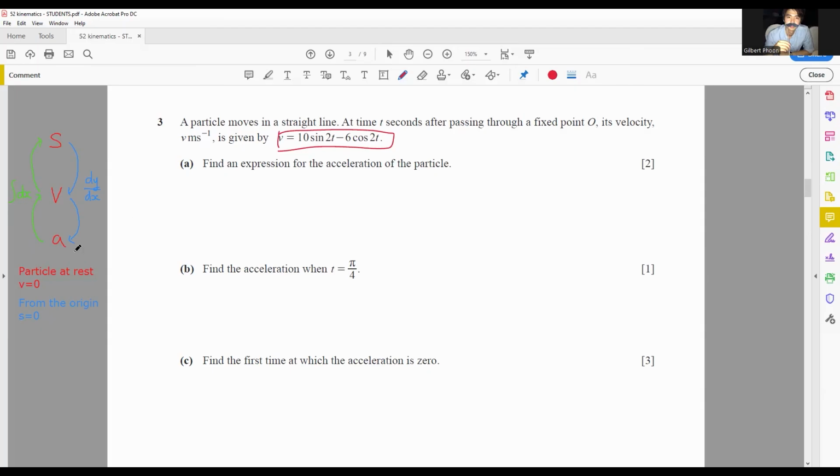Differentiating 10 sine 2t, differentiating sine gives you cos, so 2 times 10 cos 2t, and differentiating cos will give you negative sine: minus 6 times negative 2 sine 2t. Finally, you would have gotten 20 cos 2t plus 12 sine 2t.